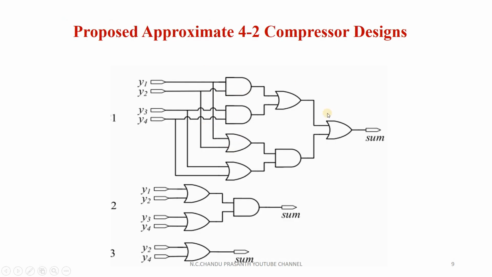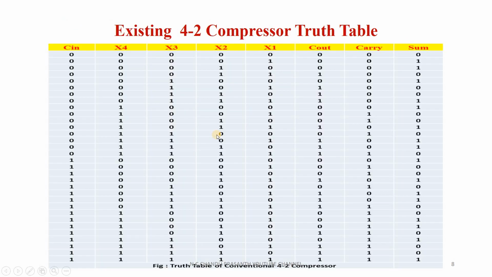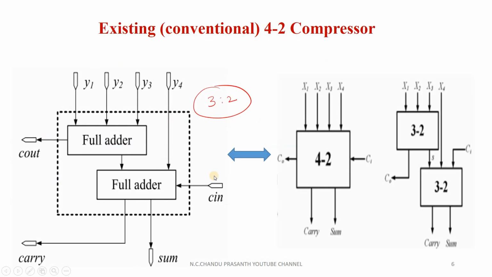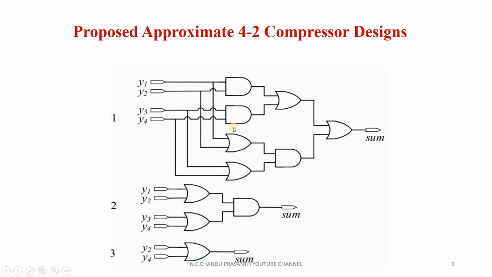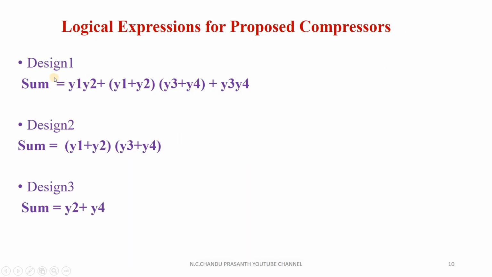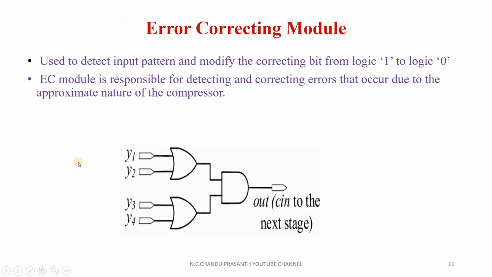The existing photo compressor design is totally in terms of XOR gates, whereas here the design is simple AND and OR gates. Approximate compressor designs are built using simple AND and OR logic circuits, and they consume very little power compared to existing designs. These are the 3 design output equations you can observe.